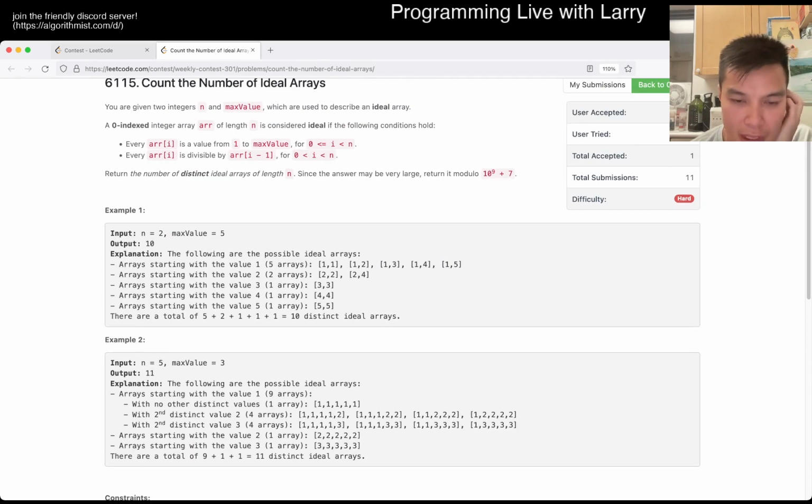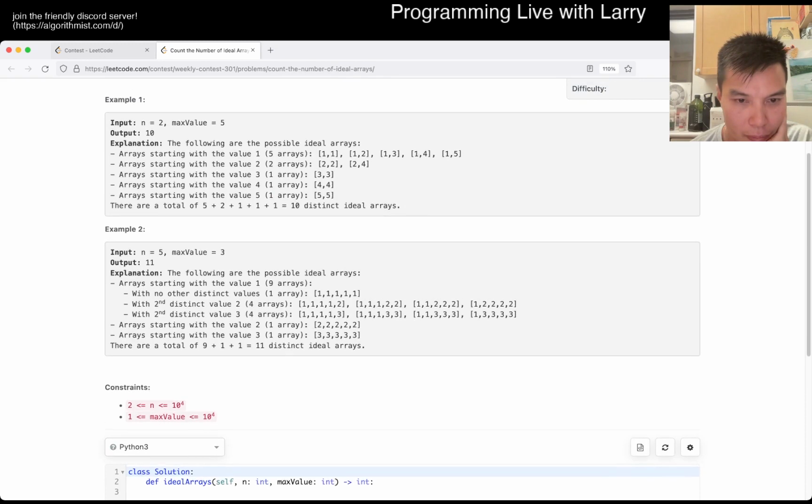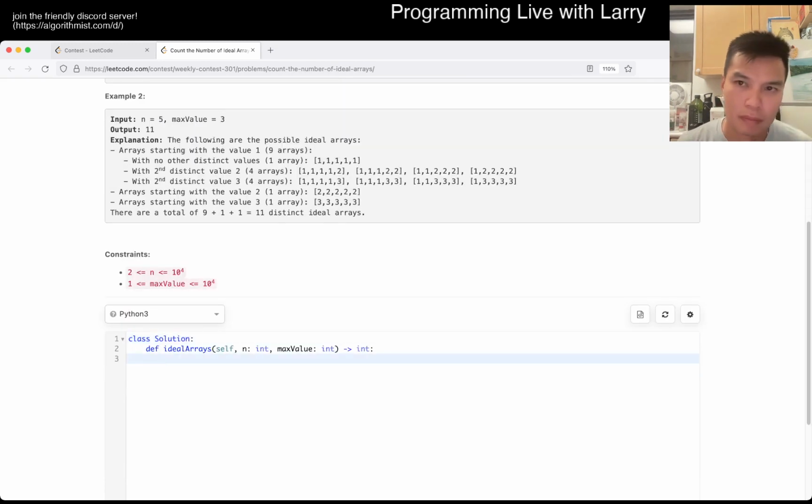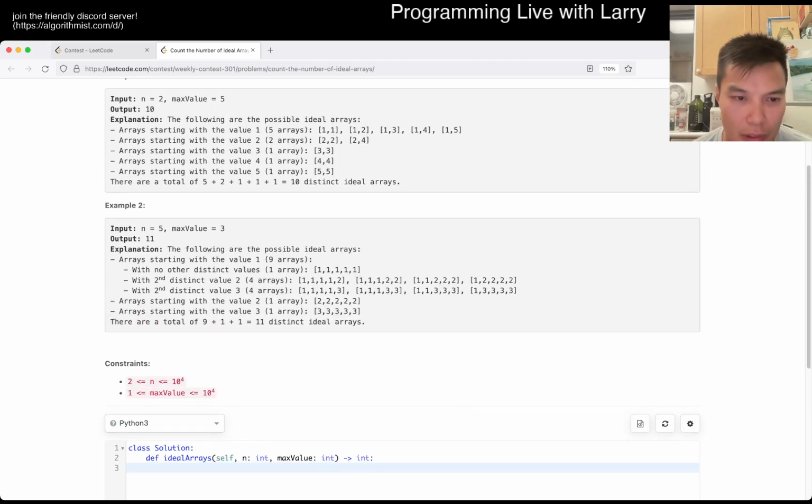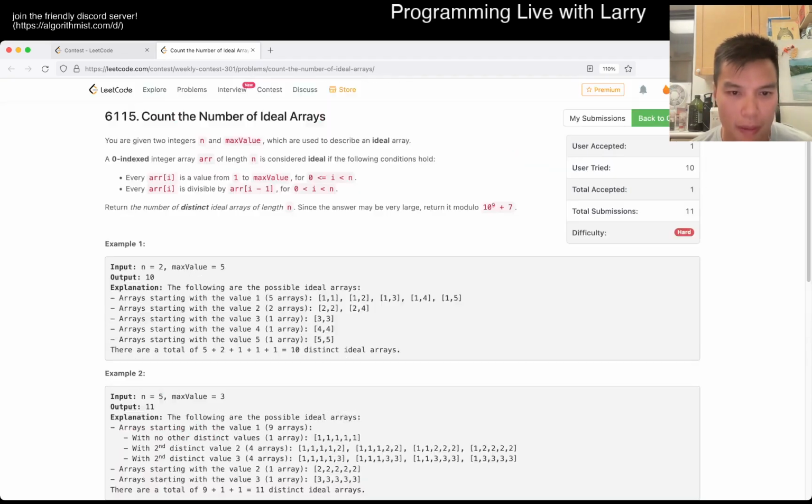N is 5 exactly. 10,000 is going to be too small, too big. Or 10 to the 4th is what, 10? Yeah, 10,000 squared is going to be too big. So we probably have to do something slicker.